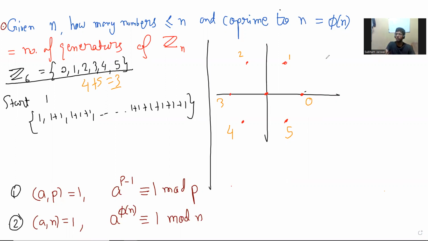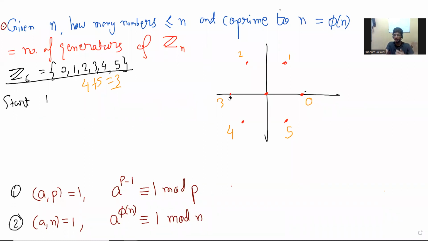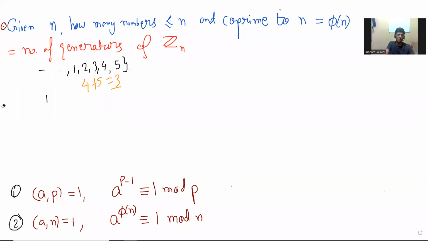When all these things are studied abstractly and properly, that is not needed now. I was trying to make a point on what the number of generators means and how it connects with phi n and with other things sometimes.